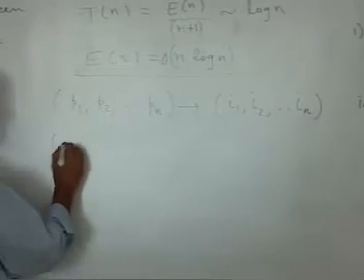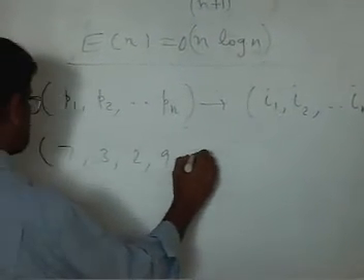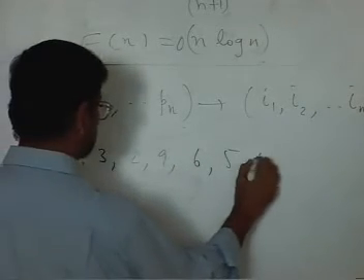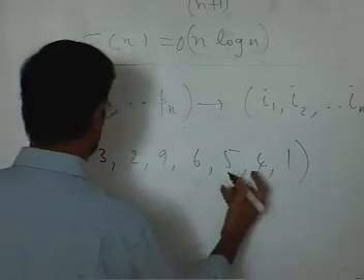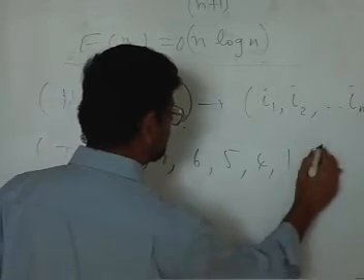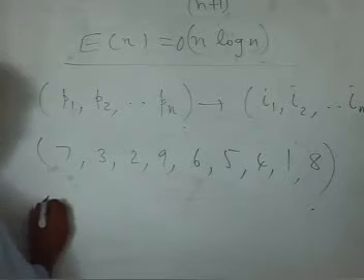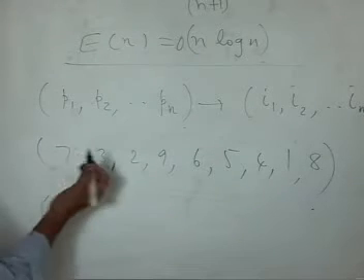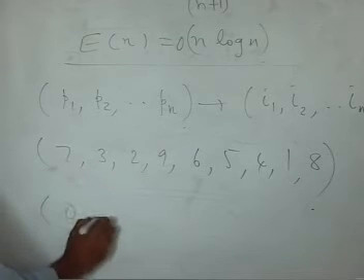Consider any permutation, let's say 7, 3, 2, 9, 6, 5, 4, 1, 8. Consider this permutation. And what is the inversion vector? Very easy to find. How many elements are to the left of it and larger than this? None. How many are to the left and larger? 1.